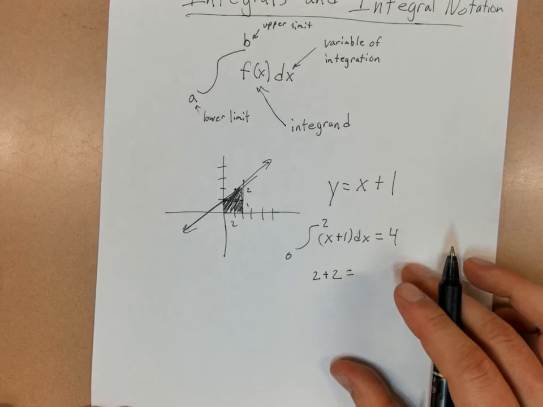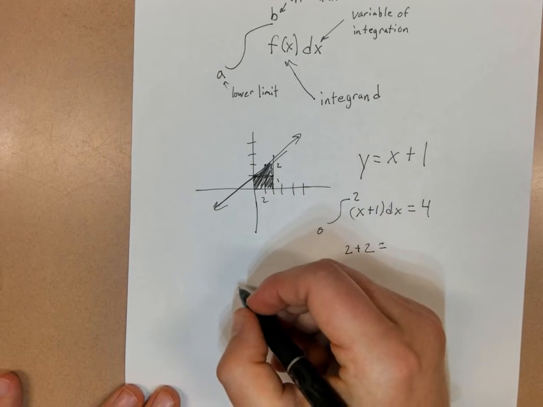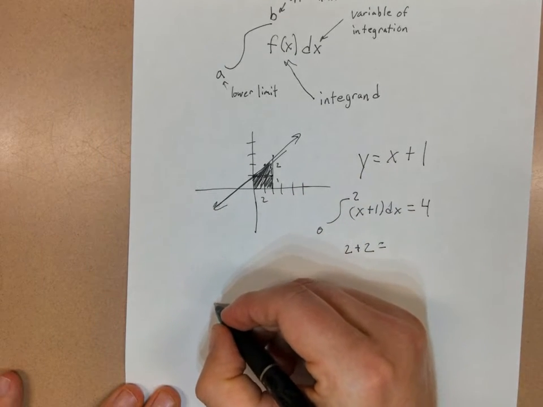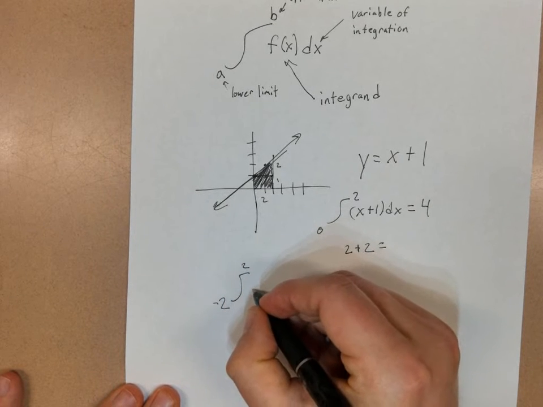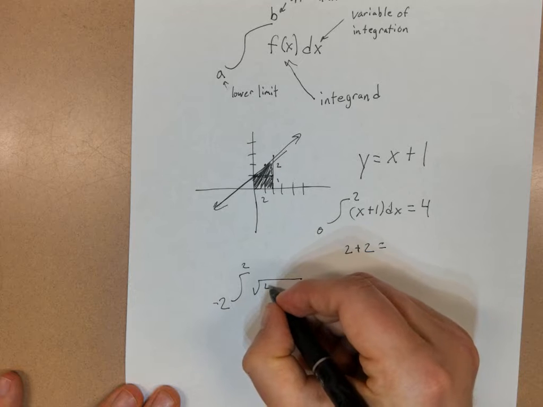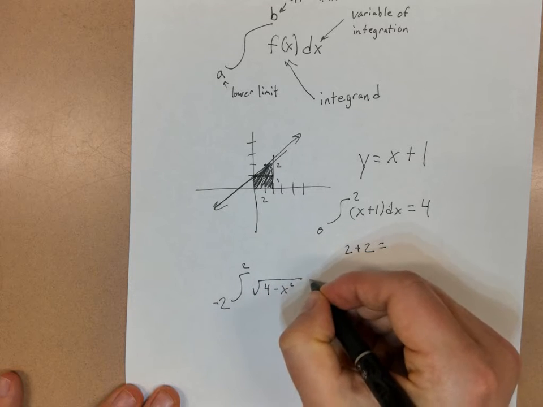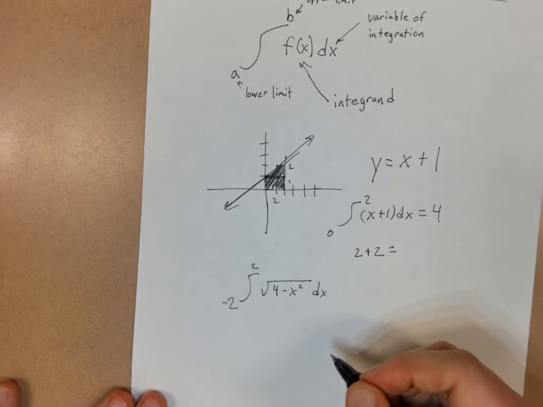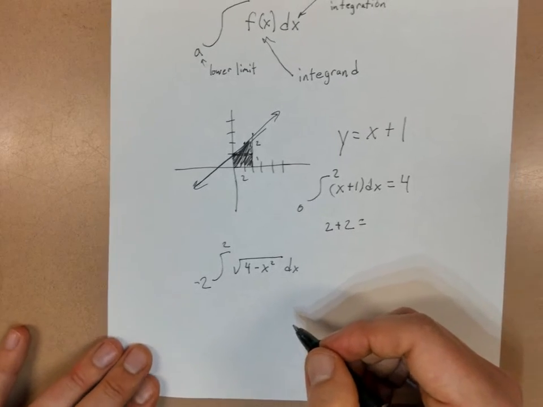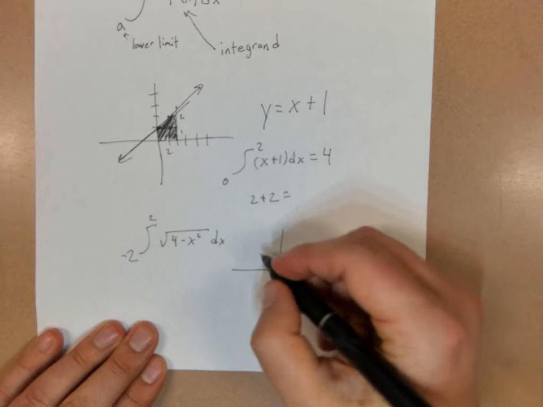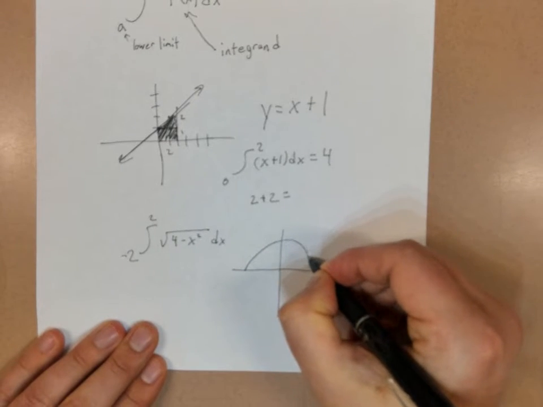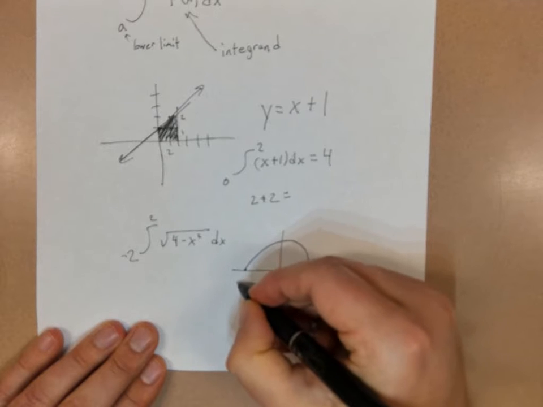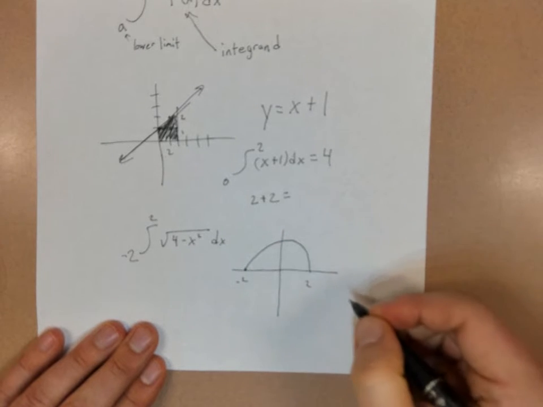It could get a little more complicated. Let's say I wanted the integral from -2 to 2 of the square root of 4 minus x squared dx. The graph would be a semicircle going from -2 to 2.